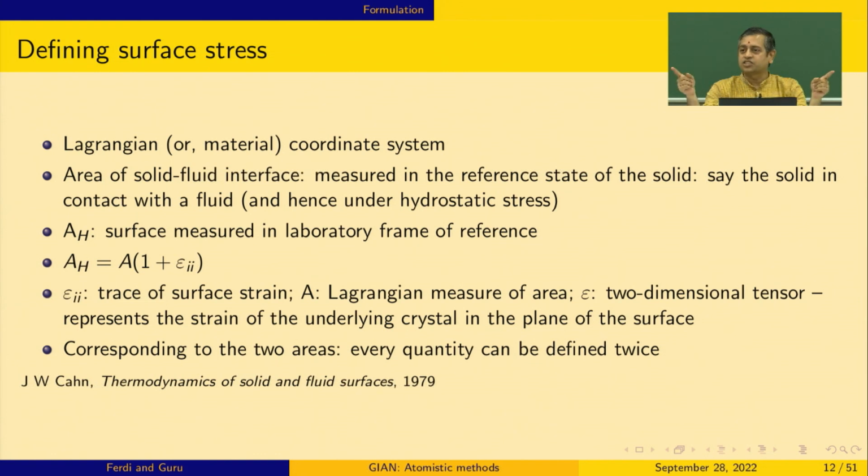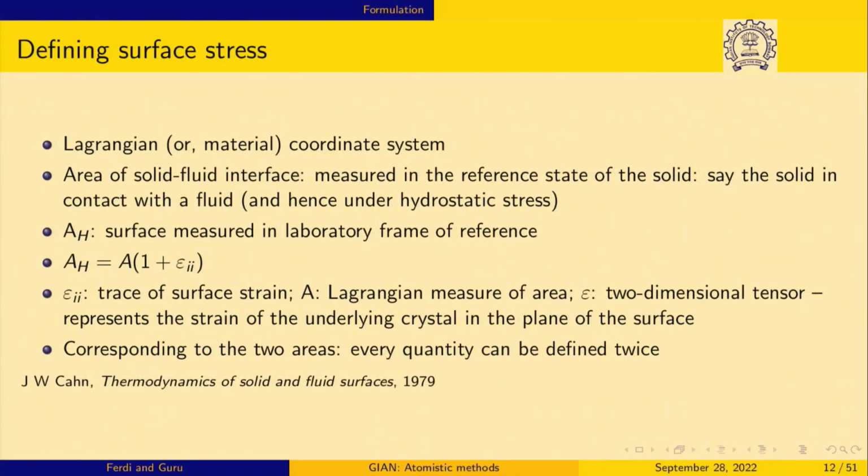So, there has to be a relationship which defines how the surface area measured in the laboratory frame of reference is related to the original area that you had in the reference frame, which means every surface quantity can be defined either with respect to the reference frame or with respect to the Lagrangian frame.